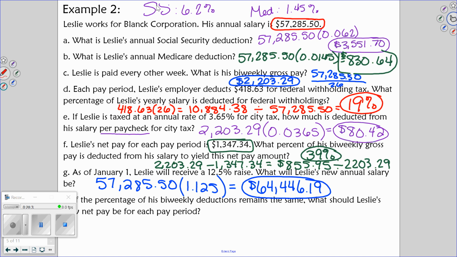Because now he's making $64,446.19 for the year. Let's divide that by 26 to find each pay period.